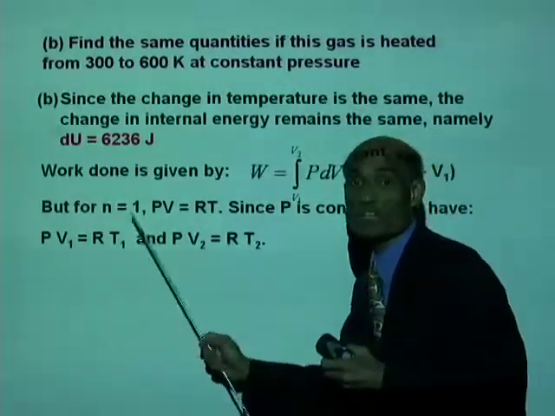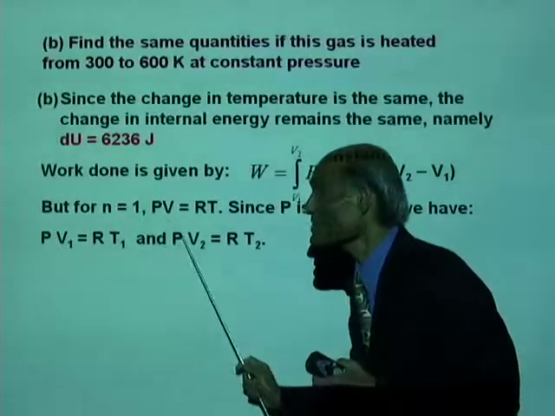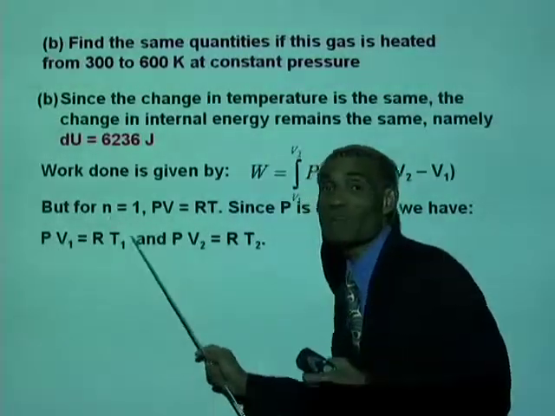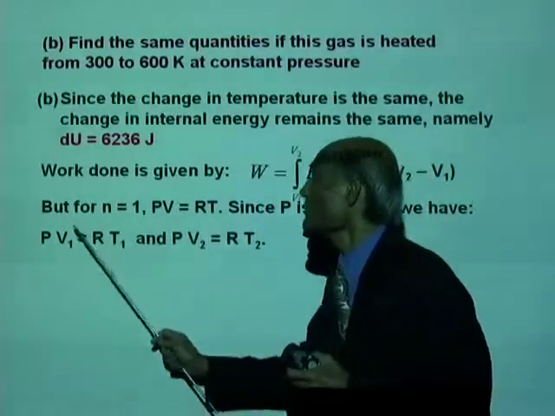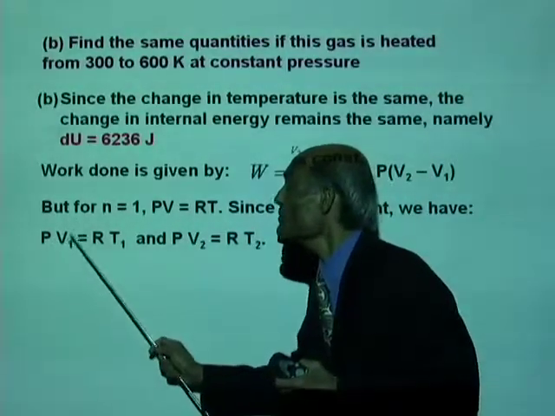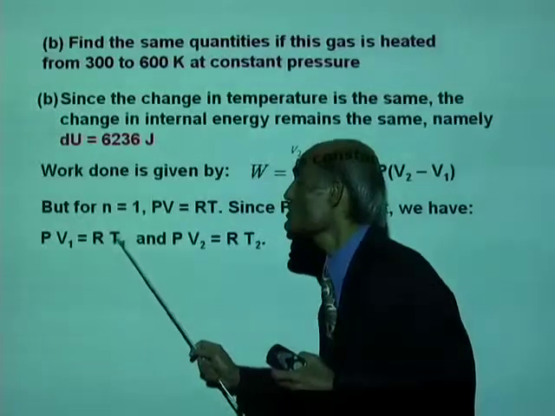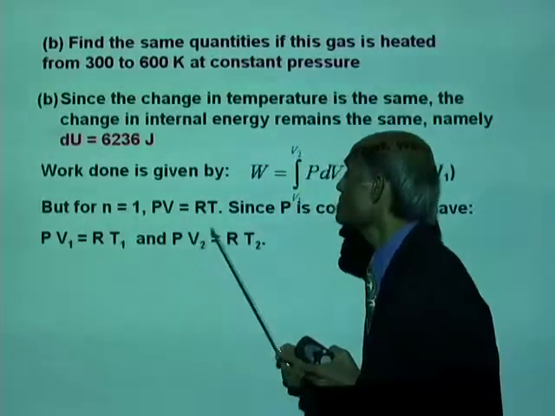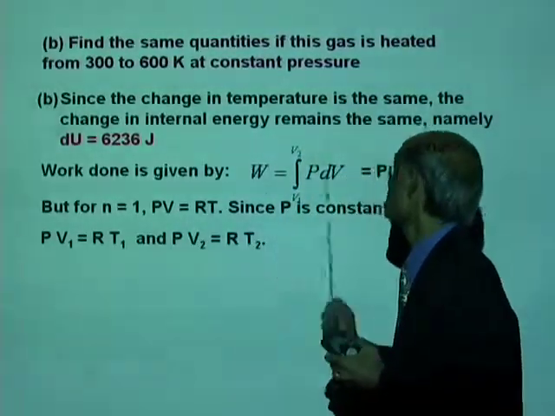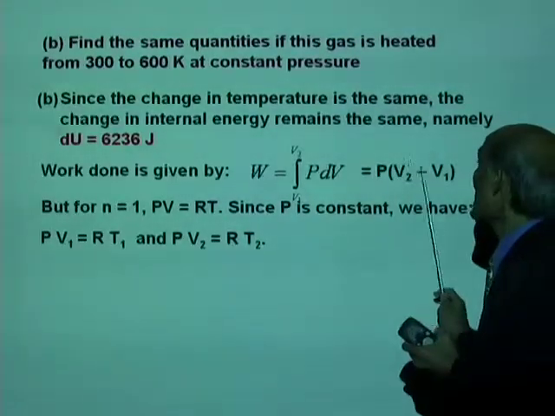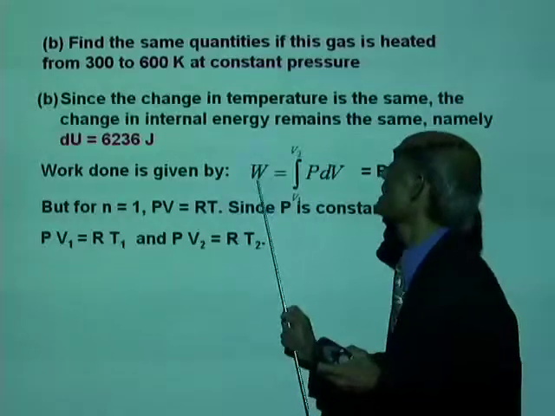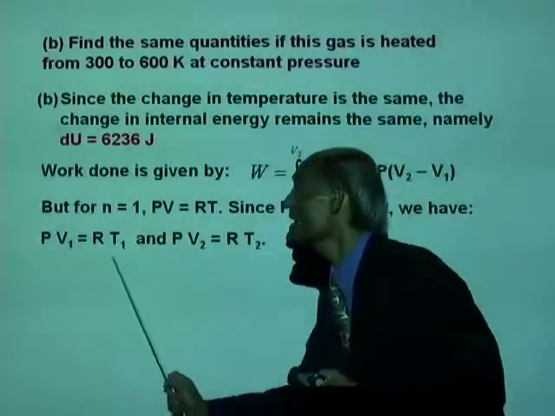Do you understand these relations? Pressure is a constant. It changes from state 1 to state 2. We have PV1 equal to RT1 and PV2 equal to RT2. We are looking for PV2 minus PV1, which is the work done. Can you obtain that from here?